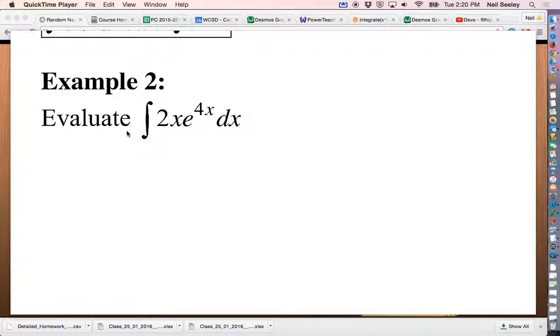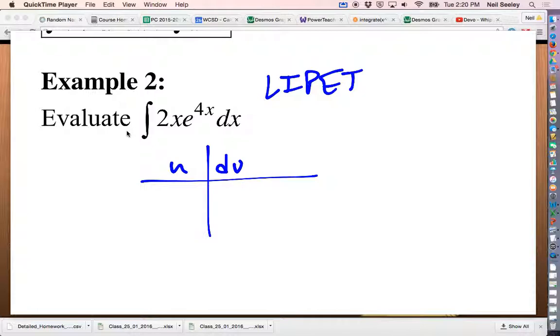There it is. Look at number 2. Once upon a time. You got to pick your u. Who gets u priority? Exponential or polynomial? Polynomial wins just by 1 letter, so that's it. So you go, u is your poly, dv, and you go, start with a plus.